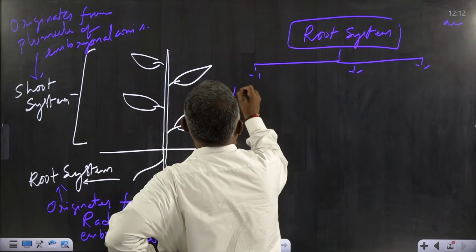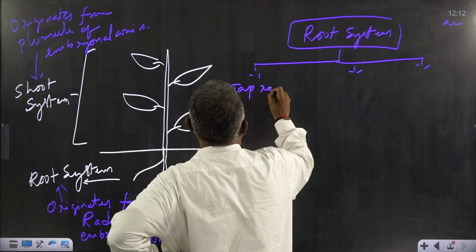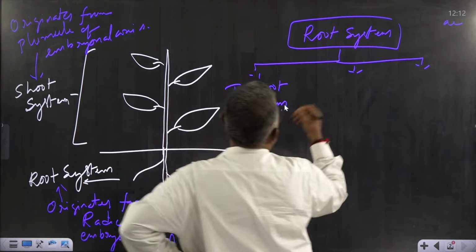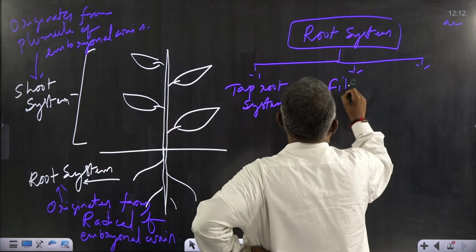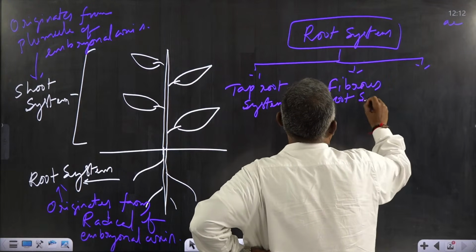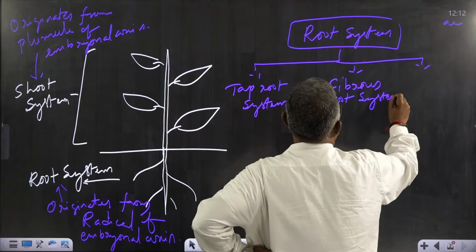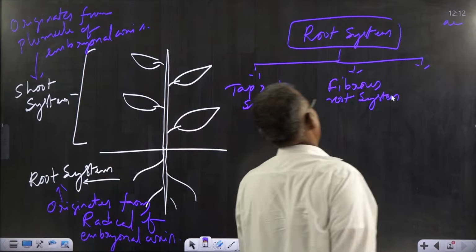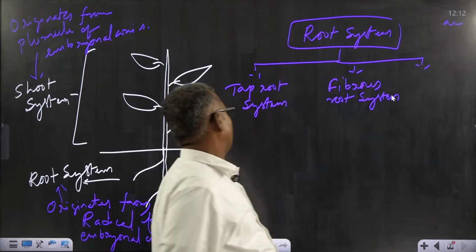One is the taproot system and the second one is the fibrous root system. There is also another one, we'll discuss later.